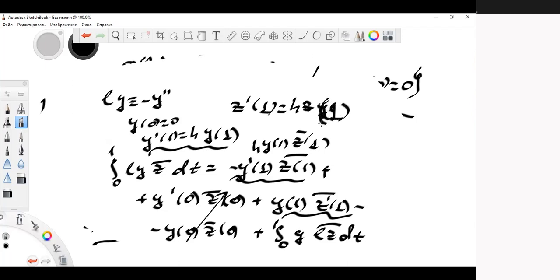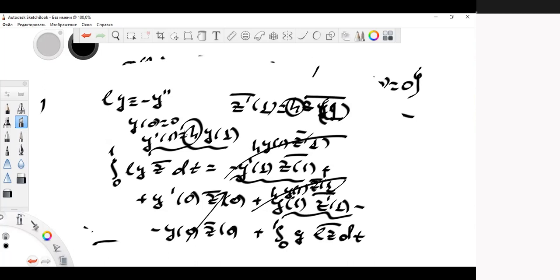When you pass to conjugates, because h is real, you'll get again h here. And from here also h will go out, you'll get y1 and z1. Those two terms will eliminate each other. So self-adjointness is provided in the case of real parameter h.